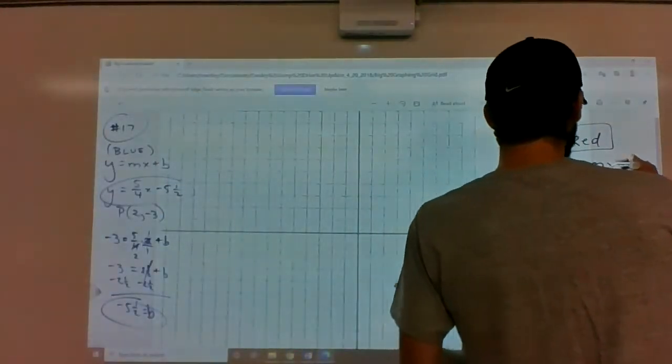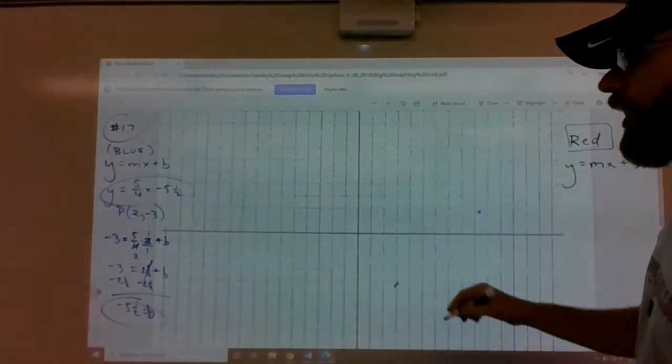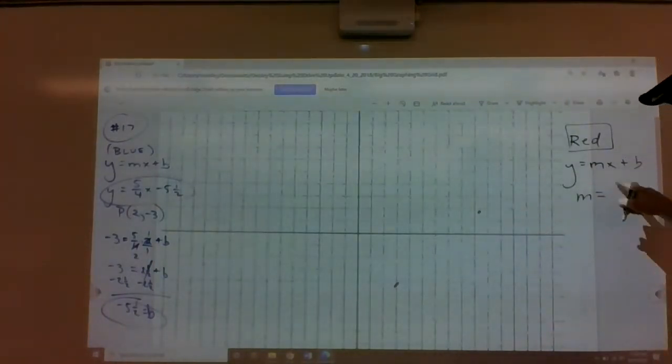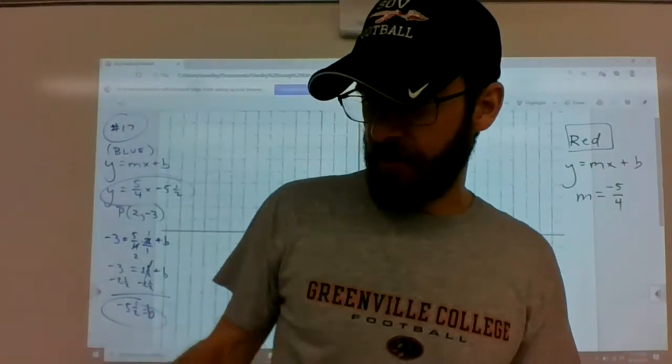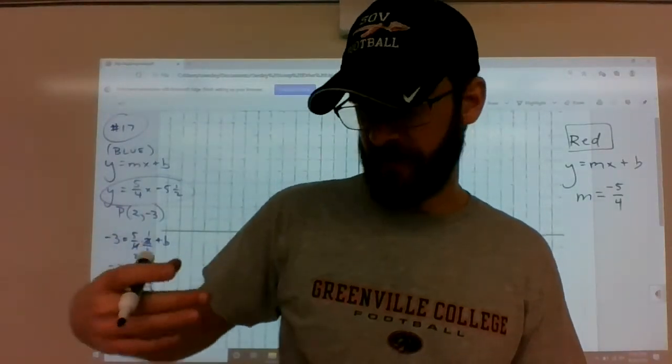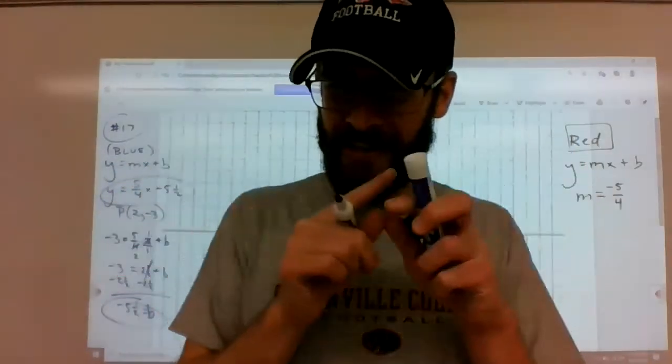So I'm still working with y equals mx plus b. The rise over run, instead of plus 5 over 4, it's going to be -5 over 4. If you look, they're basically saying that the same point on the right-hand side is going to match with that point on the left-hand side. They're almost creating like a rectangle there.